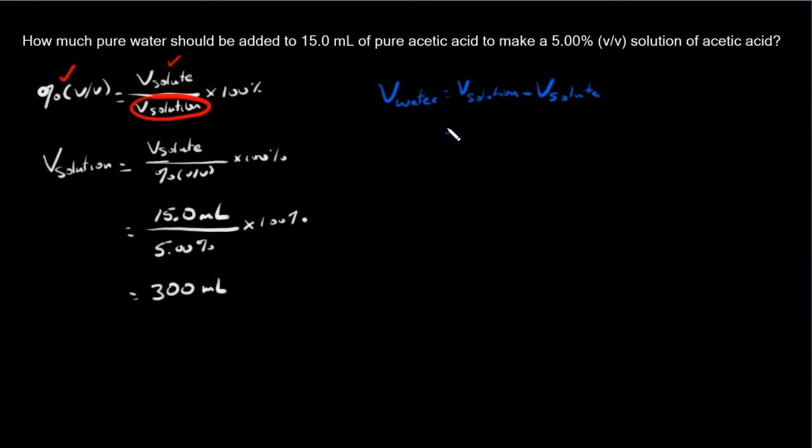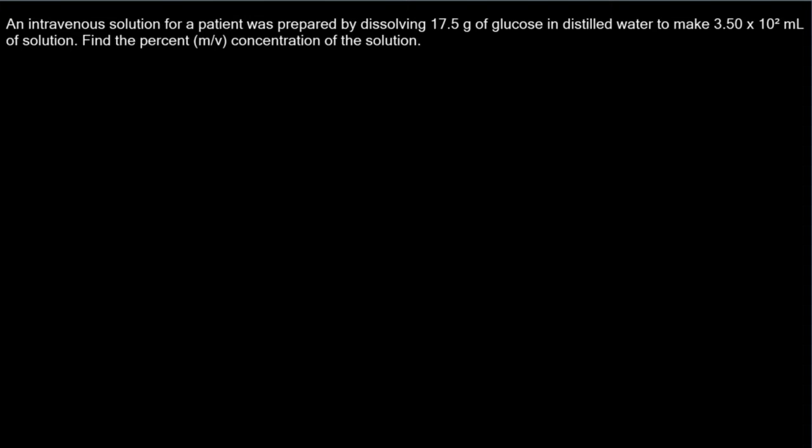So it's going to be a little bit less than 300: 300 milliliters minus 15.0 milliliters, which leaves 285 milliliters of water. If we add 285 milliliters of water to 15 milliliters of acetic acid, we get a 5% by volume solution of acetic acid.